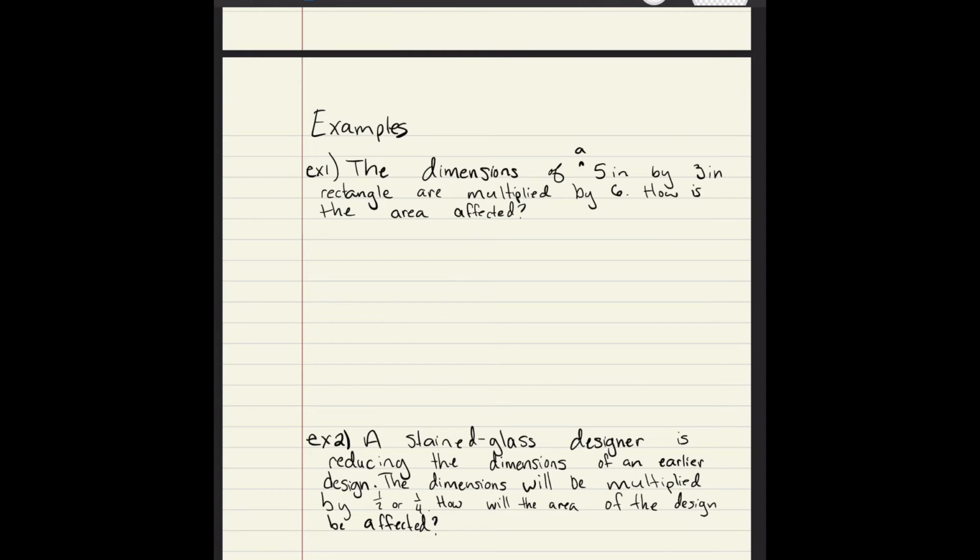So example 1 says the dimensions of a 5-inch by 3-inch rectangle are multiplied by 6. How is the area affected? So our question is, how is the area affected when it's multiplied by 6? So I'm going to start by finding the original area.